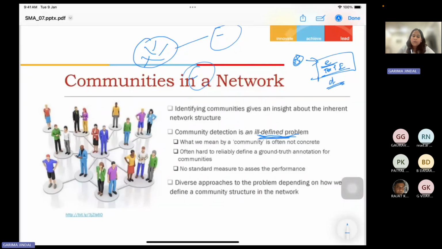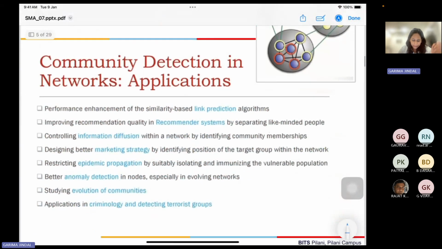You can actually come up with different algorithms for community identification in networks. And the disadvantage is that you have an algorithm that is convincing to identify the communities in the network, but then how will you validate that this particular algorithm is correct? That is the disadvantage of not having a concrete definition of communities.